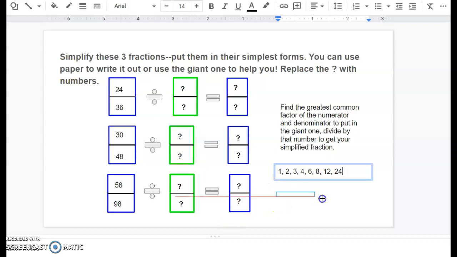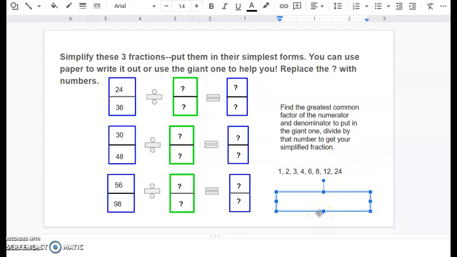My factors for 36: I can do 1, 2, 3, 4, 6, 9, 12, and 36.